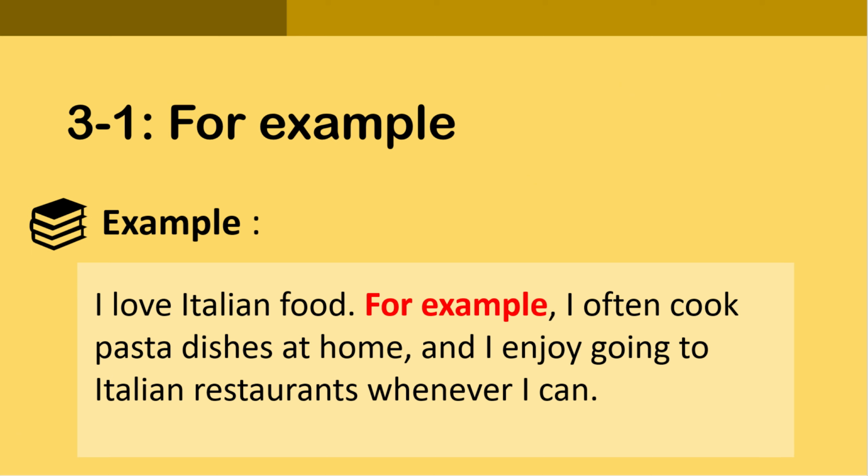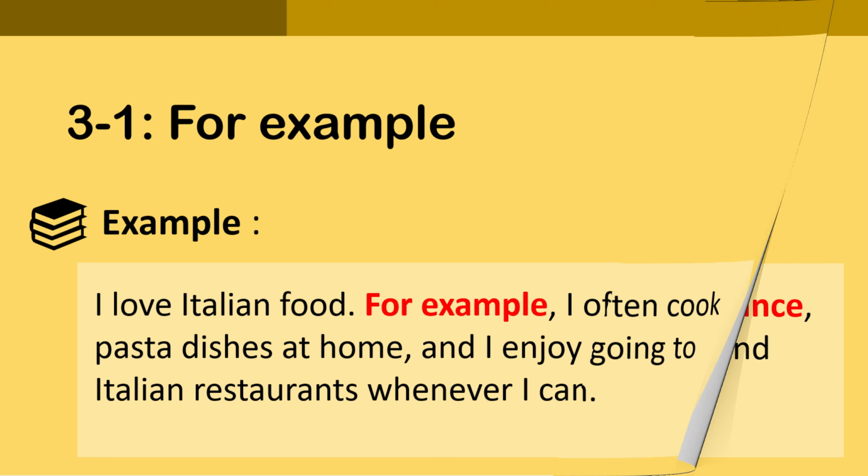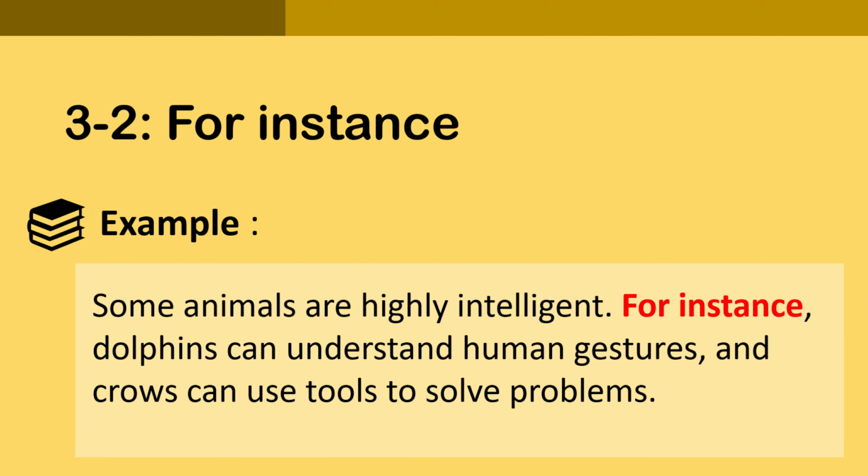For example, I often cook pasta dishes at home, and I enjoy going to Italian restaurants whenever I can. 2. For instance. Example. Some animals are highly intelligent. For instance, dolphins can understand human gestures, and crows can use tools to solve problems.